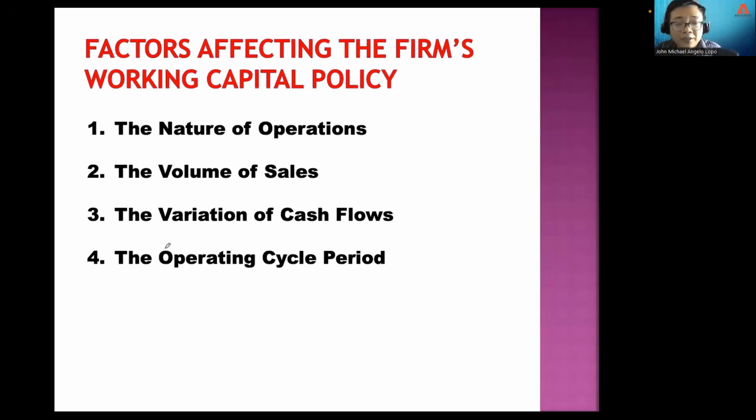Mamaya, I will discuss more about ano ba yung kino-consider natin when you say about the working capital, the nature of operations. Number 2, very important also that when you say about working capital, it is also the volume of your sales. Ilan ba ang sales mo? It will affect your cash if it is cash sales, and also your credit sales, meaning you have your account receivable.